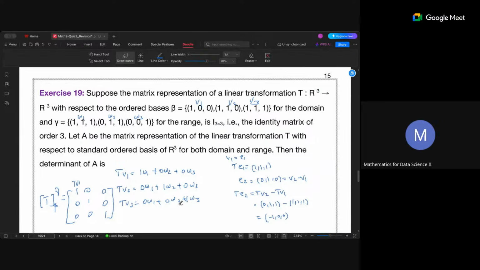Okay. With respect to the basis, that means 100 becomes 100 only. In beta, the vector 100 remains 100 only under this identity transformation, with respect to this basis. But actually it is mapped to, you see TV1 is 1 W1.